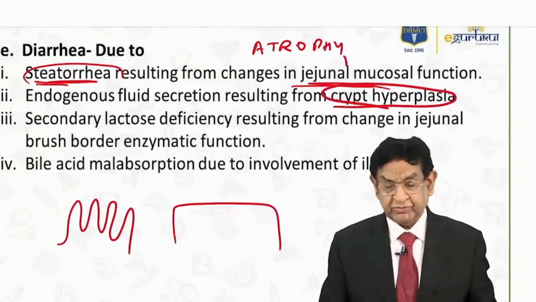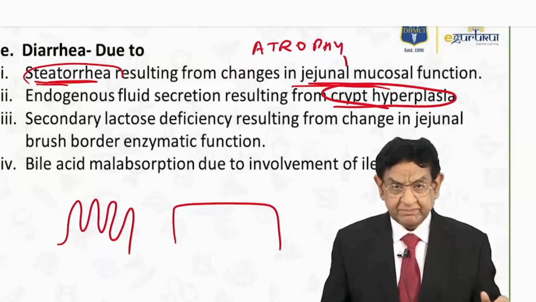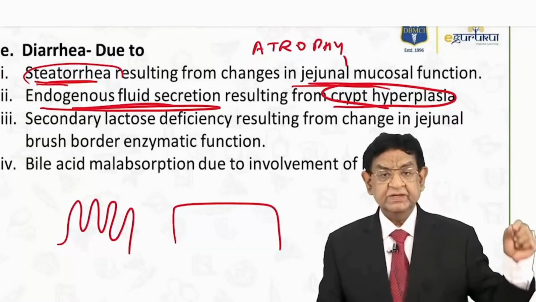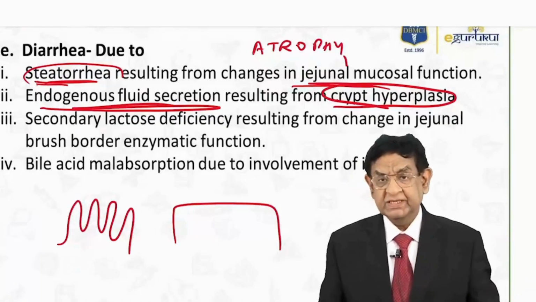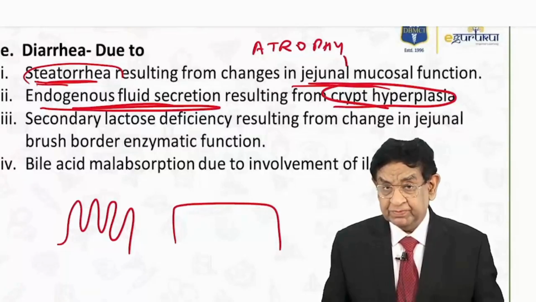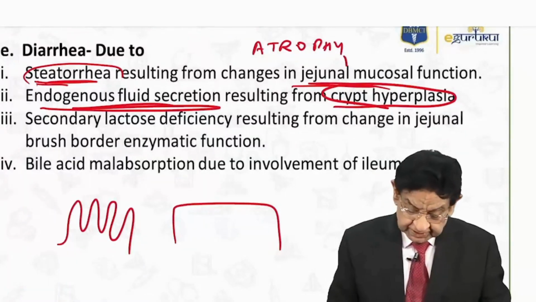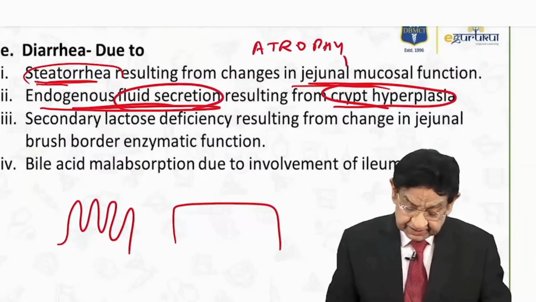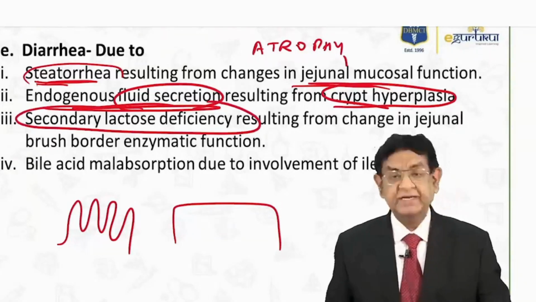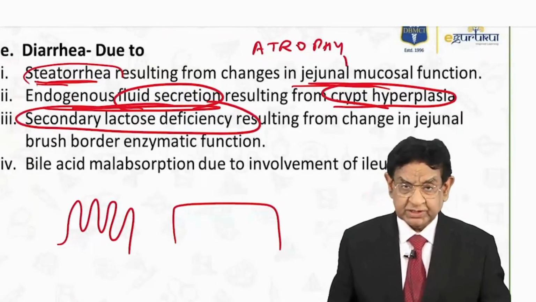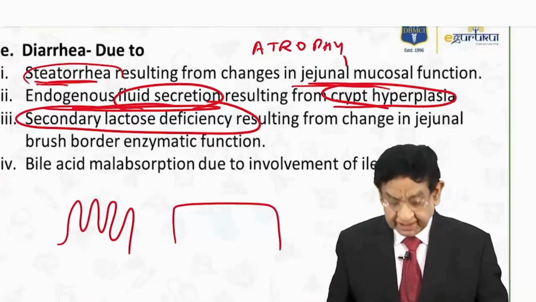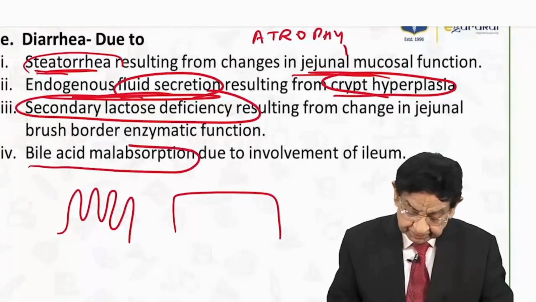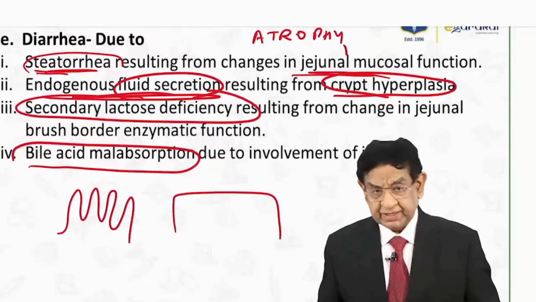But one more thing that happens in the pathology is crypt hyperplasia. Very, very important question. Due to crypt hyperplasia, there is endogenous fluid secretion; the fluid will be secreted outside. So it will again contribute to diarrhea. In addition, there can be secondary lactose intolerance. About lactose intolerance, I'll be talking soon. That also contributes to diarrhea, and there may be bile acid malabsorption that again contributes to diarrhea.